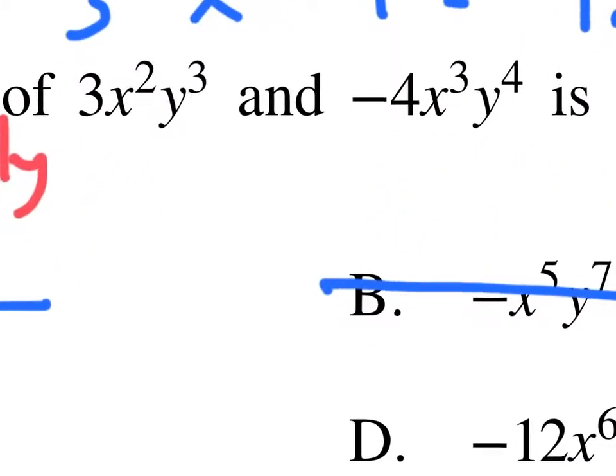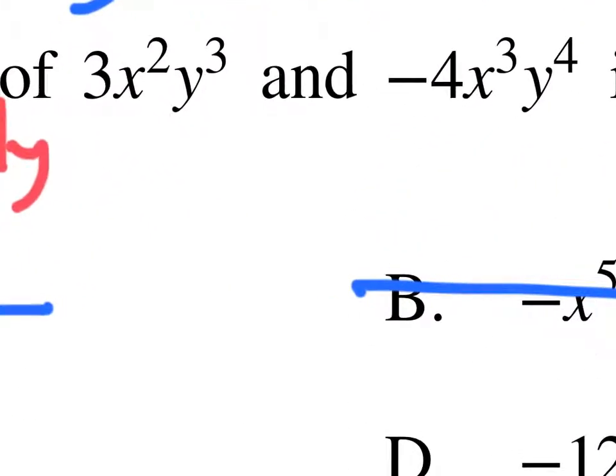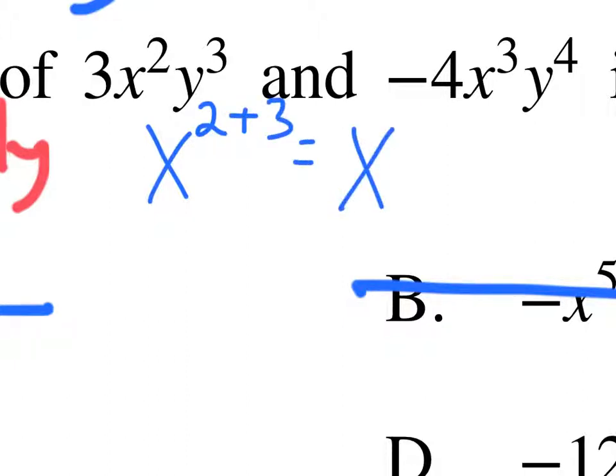Let's work through the rest of this problem. Because it's multiplying, the rules for exponents mean that we're going to be adding them. We want to make sure that the bases are the same. So we're adding the exponents for the x's. x to the 2 plus 3 is going to give us what? X to the fifth. And when I'm looking at the second set of bases, I see the y's, right?